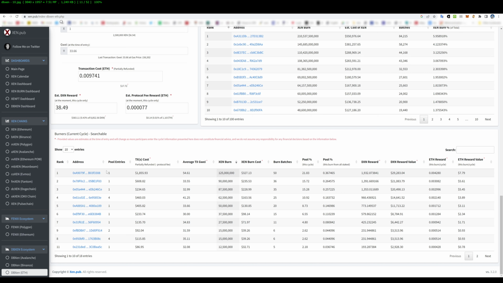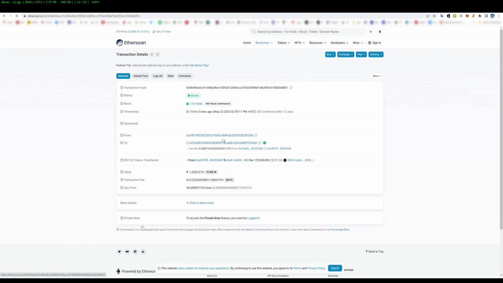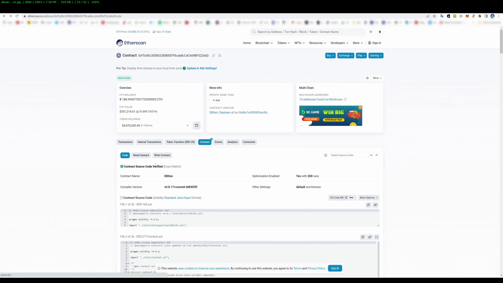So you would go on zen.pub and click on one of the transactions in the daily cycle, find the one that says burn batch and click on it, and here you click on this link. This is the contract for DbXen. You click on the link, you are taken to the contract, and you click on write contract.